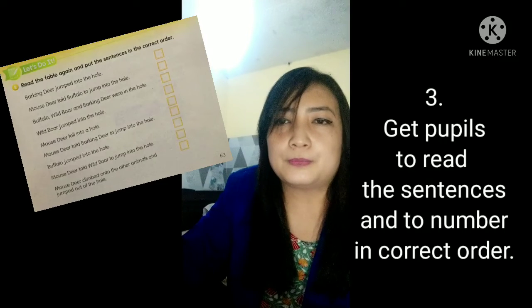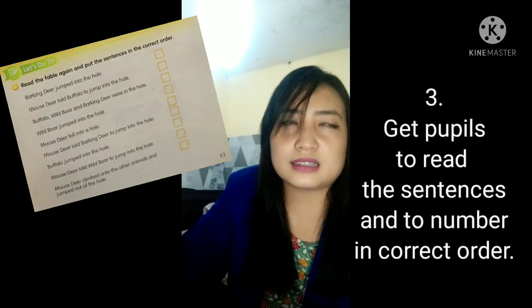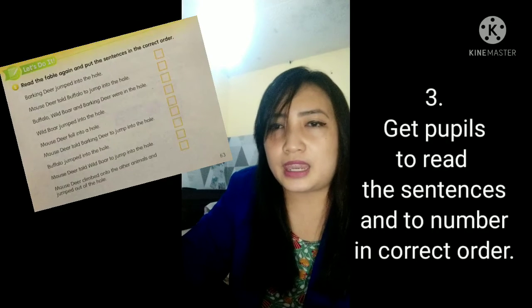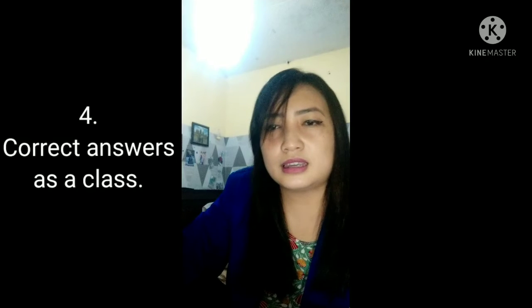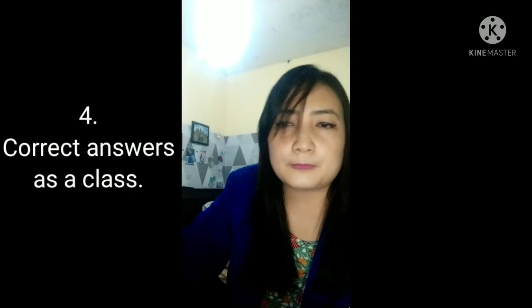And the third activity is get pupils to read the sentences in activity 2 and number them in the correct order. And then after that we can check their answers as a class. And the last is ask a volunteer to read out the sentences in the correct order.